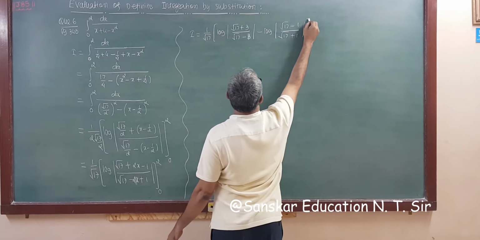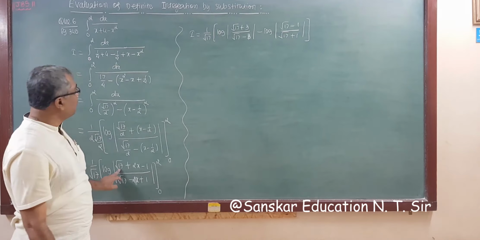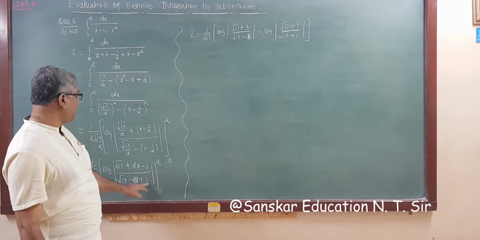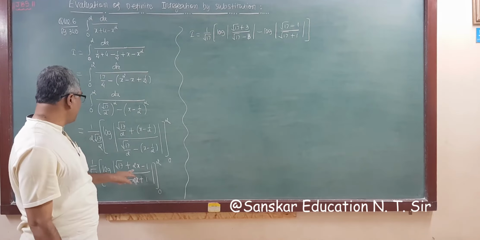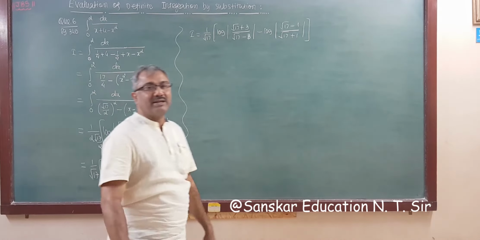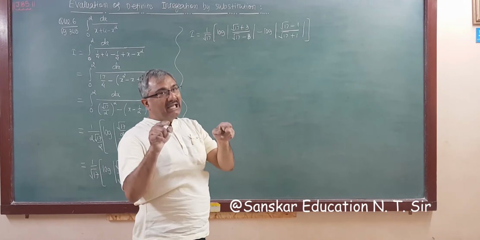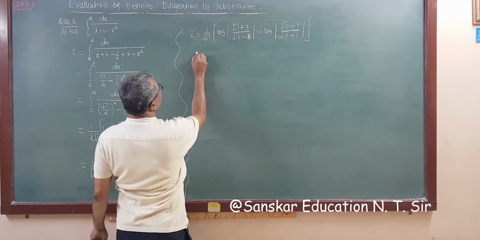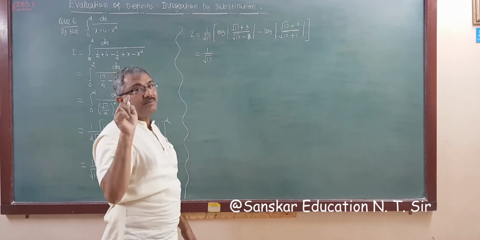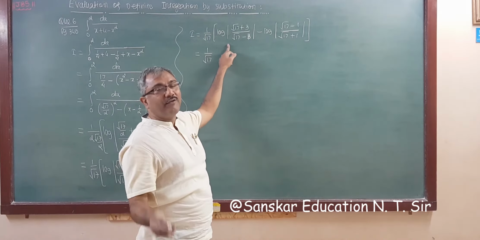So keep an eye on my steps also, and I am also keeping. Okay, everything is okay. 4 minus 1 is 3, and minus 4 plus 1 is minus 3. So root 17 minus 3 and root 17 plus 1 cross verified. Now log a minus log b is log a upon b. So this will be 1 upon root 17, and it is necessary to simplify because log is there and you have a formula for log.